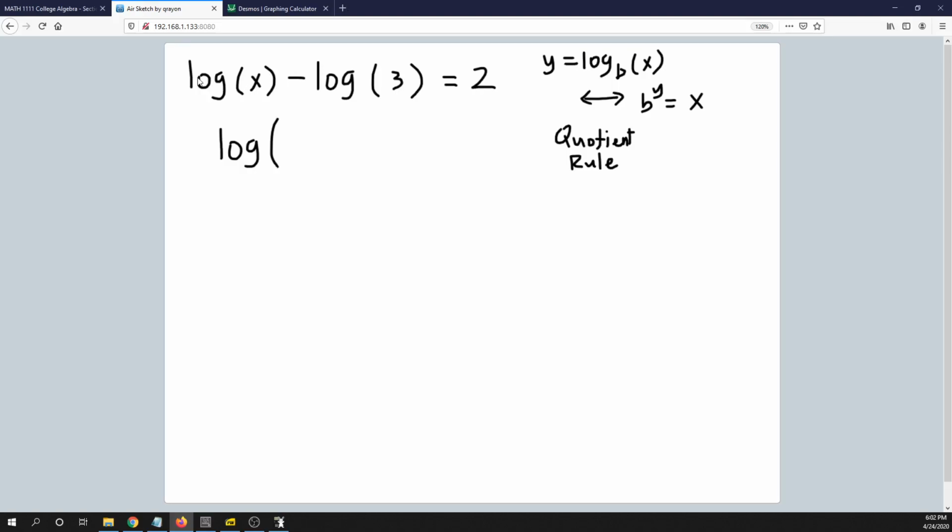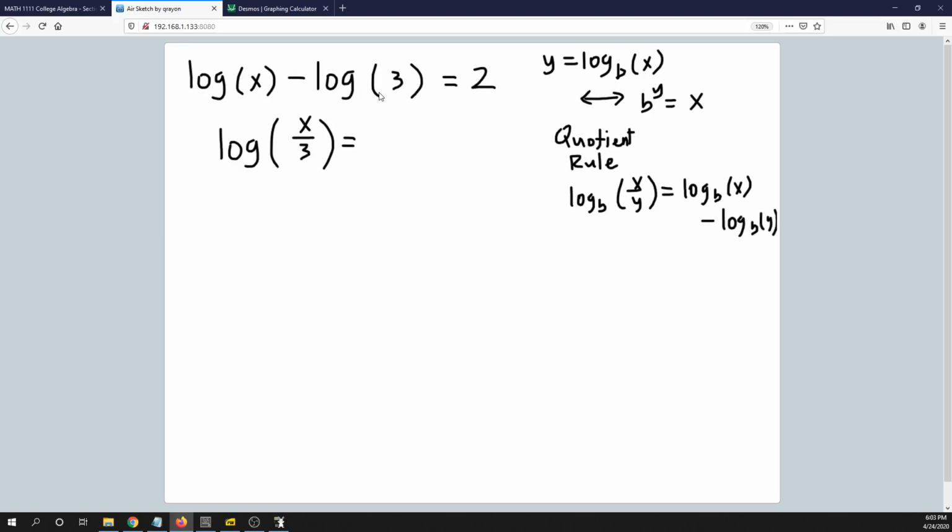What we want to do is go the backwards way. We can write the subtraction of two logs, using that same rule going from right to left, as the log of the top divided by the bottom. So the quotient rule looks like this: log base b of x over y is log base b of x minus log base b of y.